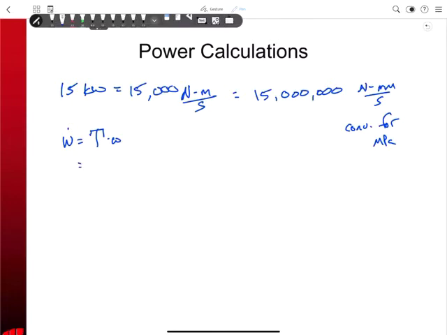So the power, which I know, is 15,000, equals torque, which I don't know, times omega. And 2,500 revolutions per minute works out to be 261 radians per second.